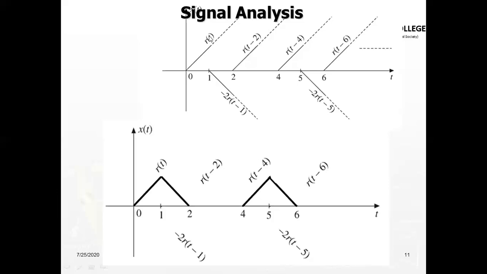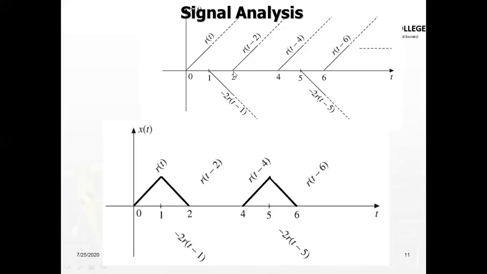If both the ramp signals have the same slope, then the slope will become 0, but not the amplitude, as I had mentioned. Here we can see that the first signal has a slope of 1 and the second signal has a slope of -1. So we get a triangular pulse like this between 0 and 2.